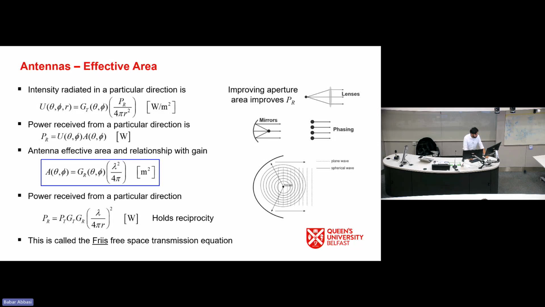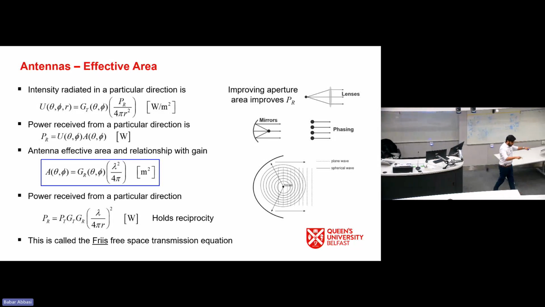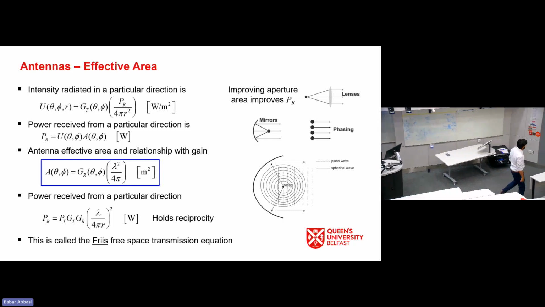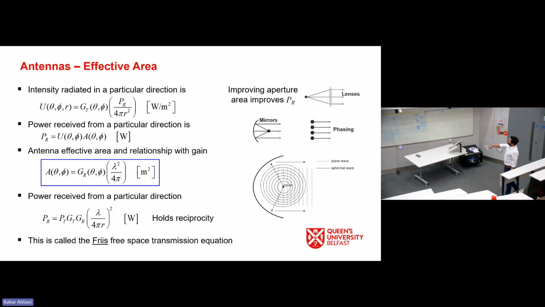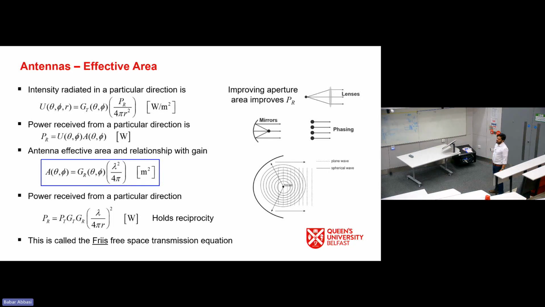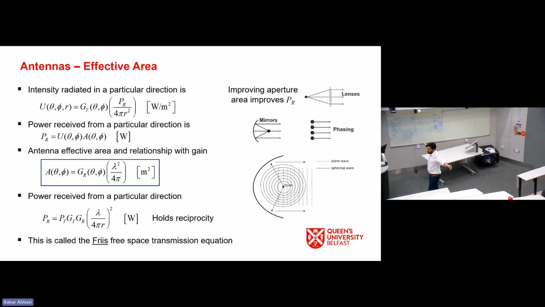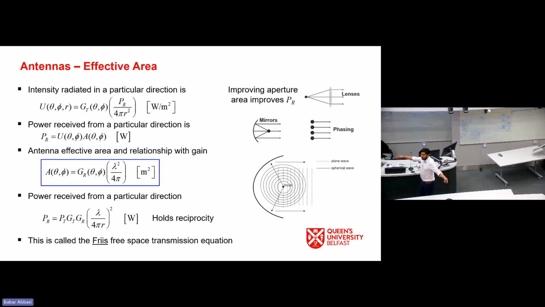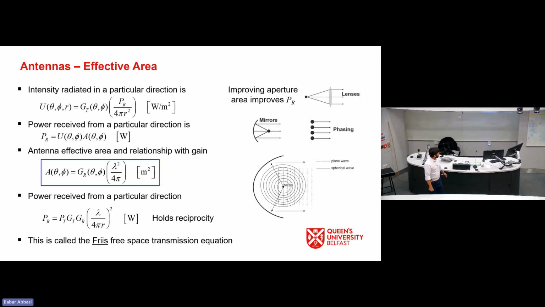So just to see that in this equation, you might have seen that aperture of the receiver and transmitter antenna is important. So there are multiple methods of improving aperture area. Some methods are you just build a huge dish to capture more energy. You might already have seen a dish.